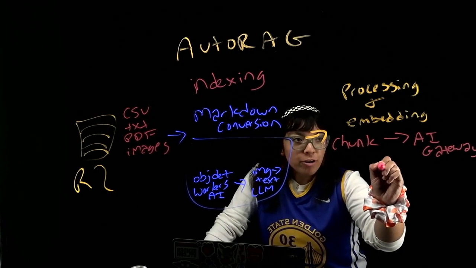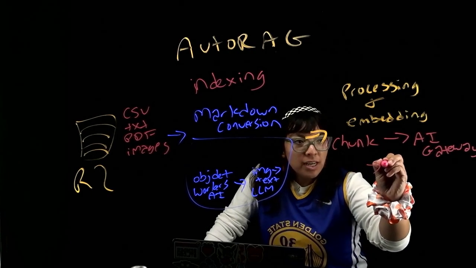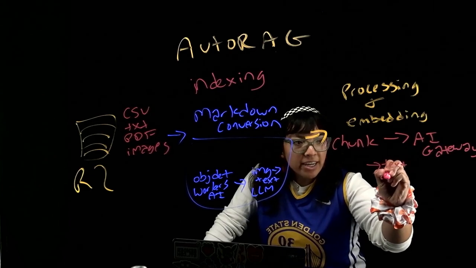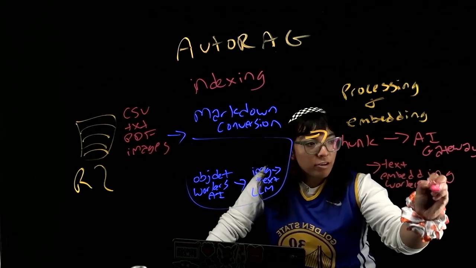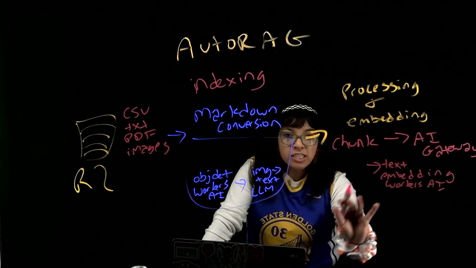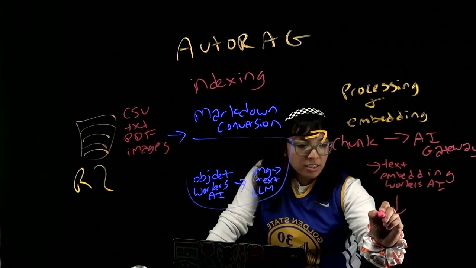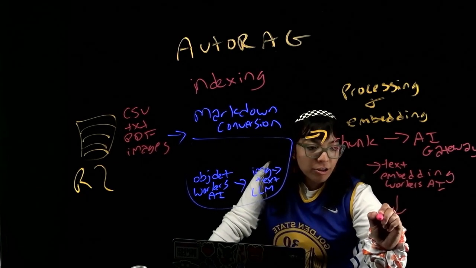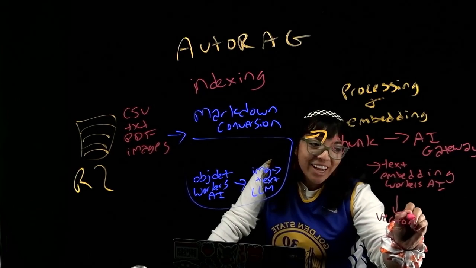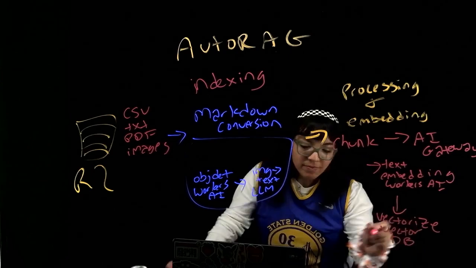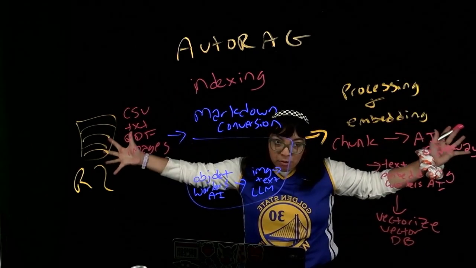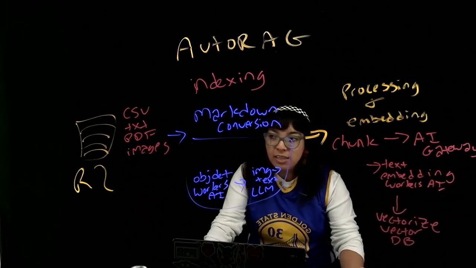And those are passed to a text embedding model on Workers AI. So we convert that text to vector. Then those vector embeddings and their metadata are stored in, of course, a Cloudflare Vectorize vector database. This is the indexing process, very big.